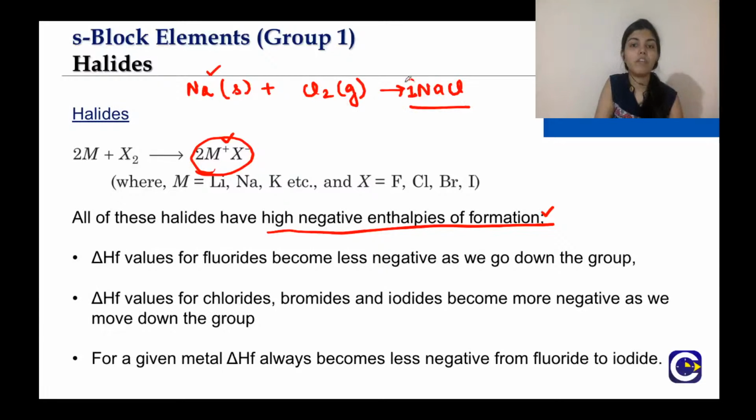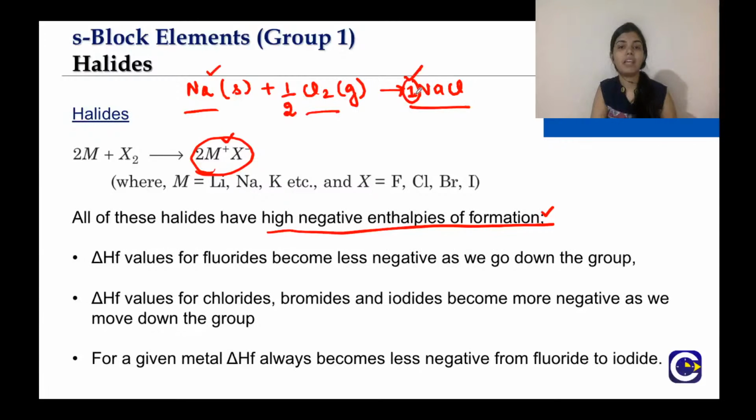Because 1 mole of the compound is formed, and if you balance the reaction, this will be half Cl2. So the constituent elements should be present in their native states: sodium in solid, chlorine in gaseous, and 1 mole of the compound should be formed. So here we are keeping the stoichiometric coefficient of NaCl as 1. The energy that will be released in this process will be known as enthalpy of formation.